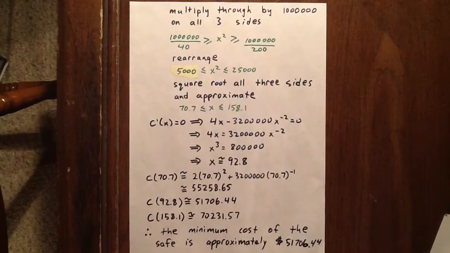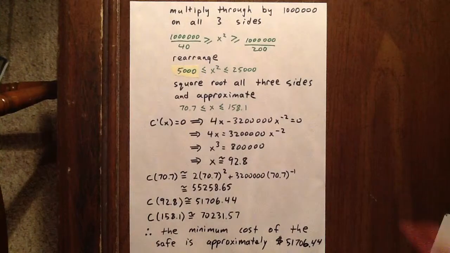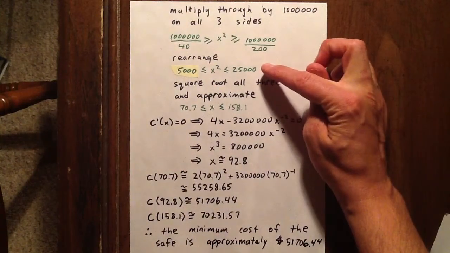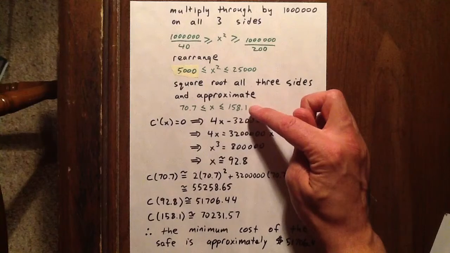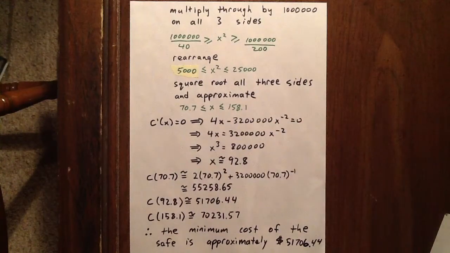Rearranging it so we can read from left to right, we see that this is one step away from our domain. Taking the square root of all three parts, we get 70.7 is less than or equal to x is less than or equal to 158.1. Remember that we're dealing here with positive numbers because it's side lengths that we're talking about.